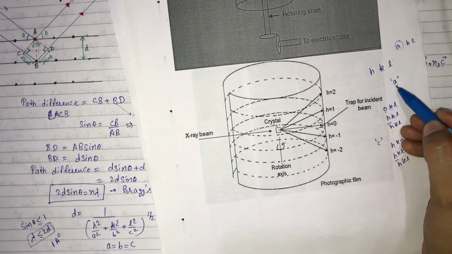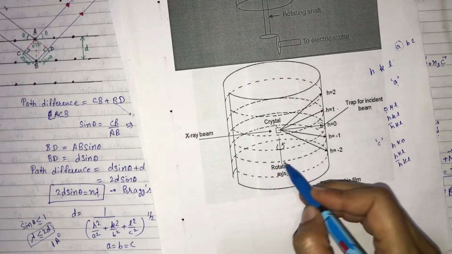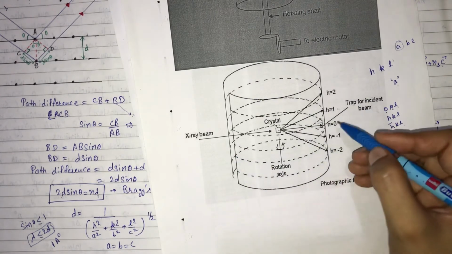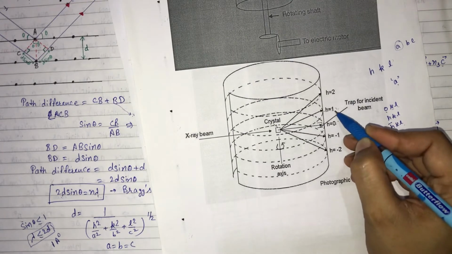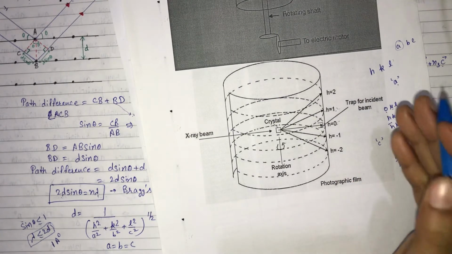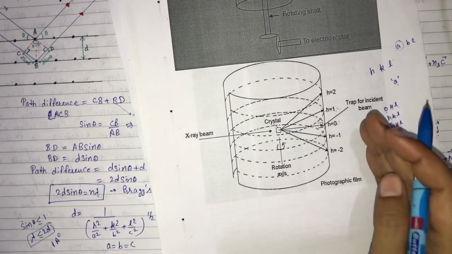Suppose in the first case we have fixed a crystallographic axis with the crystal rotation, so we get the diffraction pattern in layers in this way, and the distance between these layers, from 0 to 1, represents the position of lattice points on that crystallographic axis.